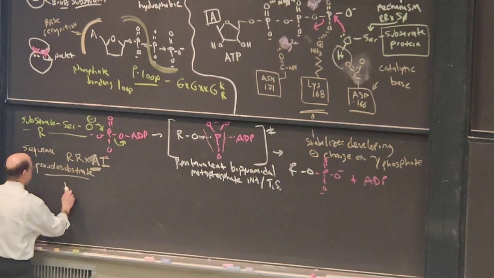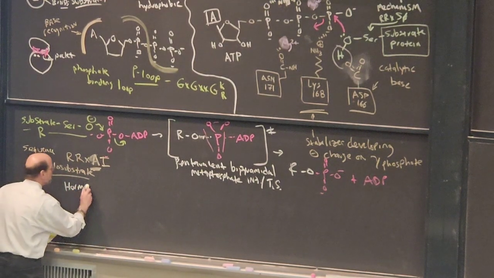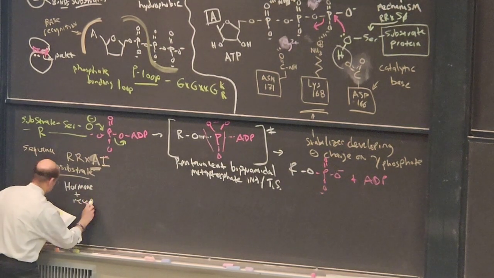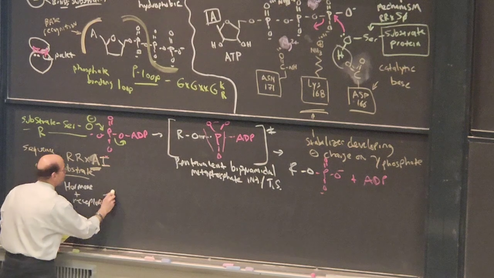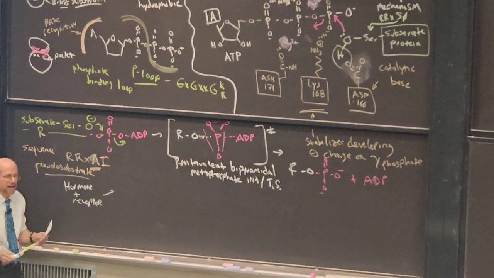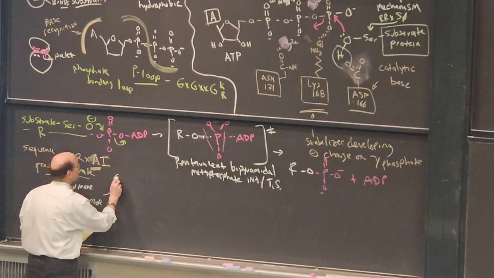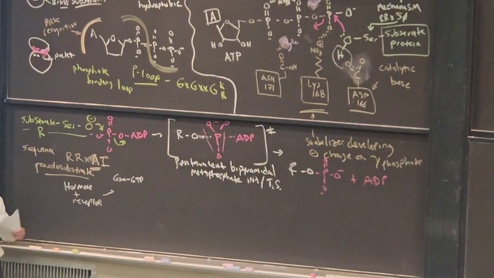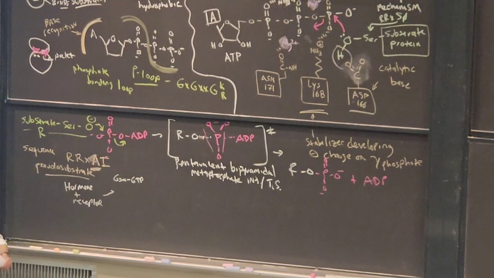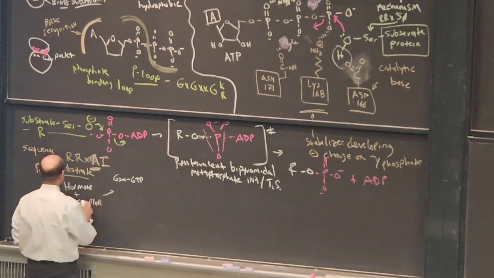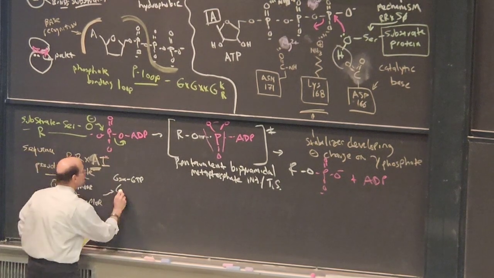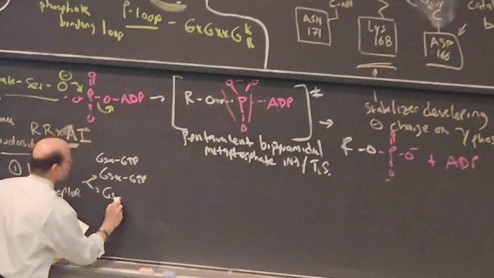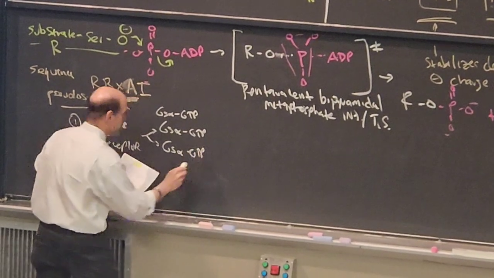Well, when the hormone binds to the receptor, can that receptor only activate one G-alpha S and convert GDP into GTP? No, because more receptors can come and bind to it and also get exchanged. So one hormone molecule has now suddenly made a whole bunch of G-alpha S GTPs.